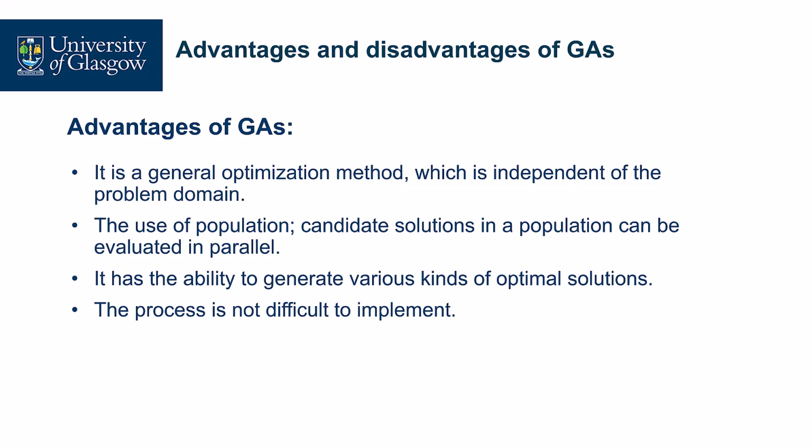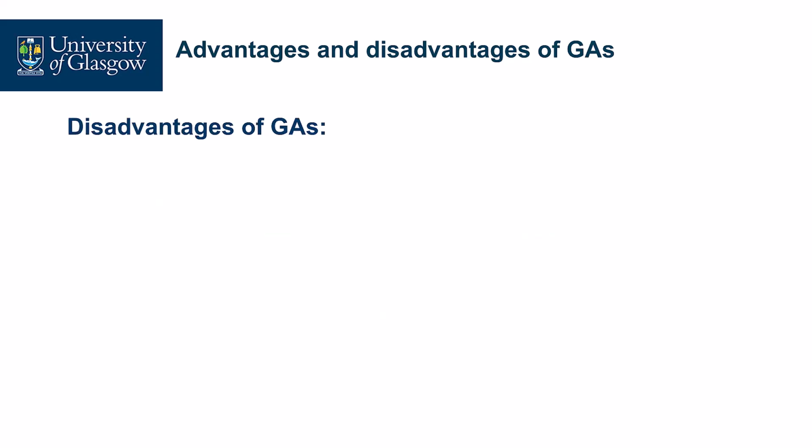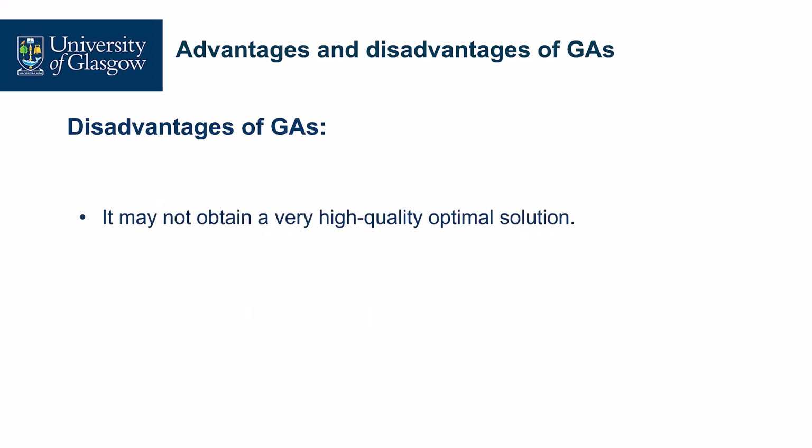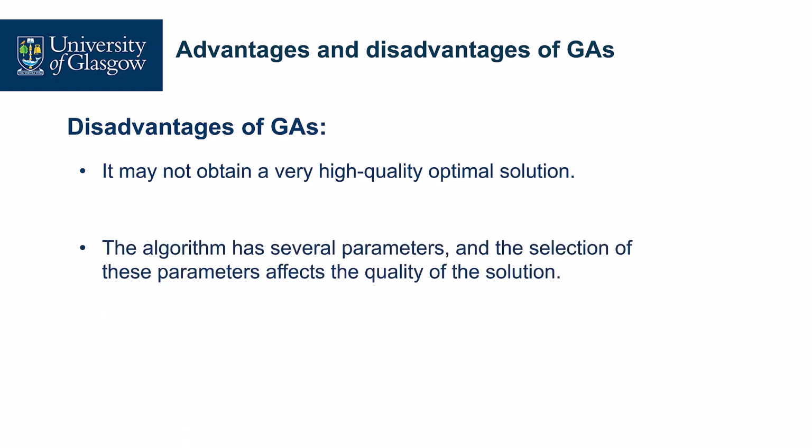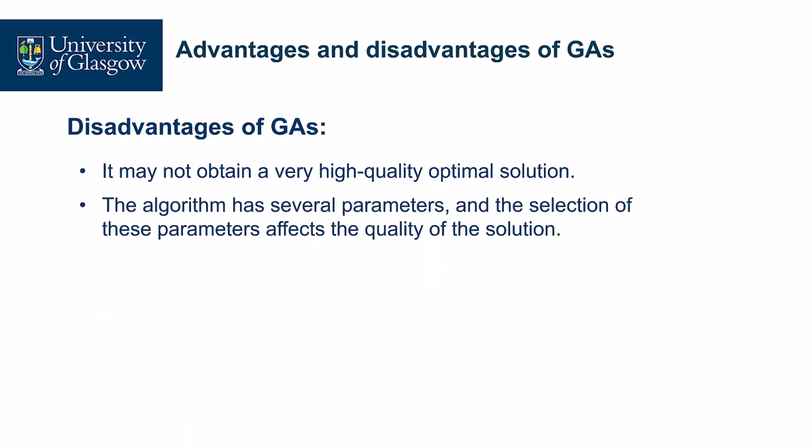Although GA has these advantages, there are also disadvantages. First of all, GA may not obtain a very high-quality optimal solution. It may obtain a satisfactory solution, but sometimes it's not very high quality, so we still need some other method to support it. Second, GA has several parameters, for example the population size and the crossover rate.